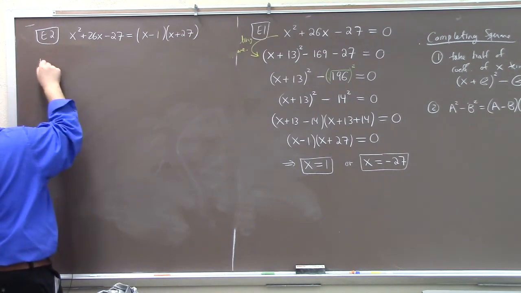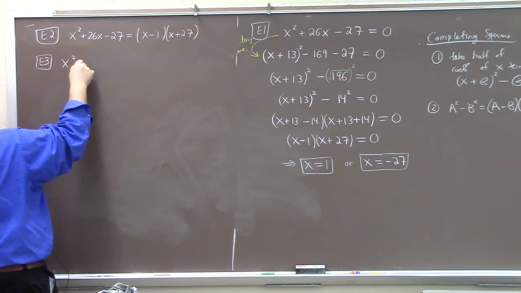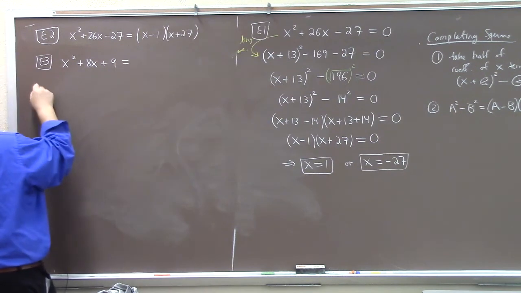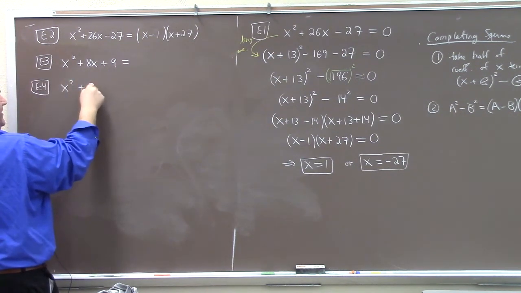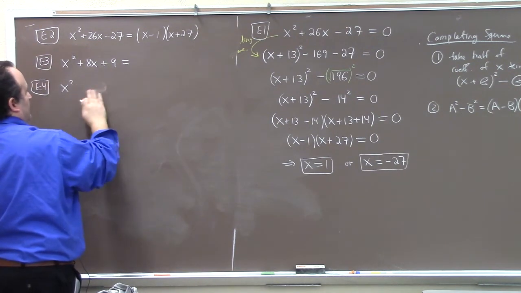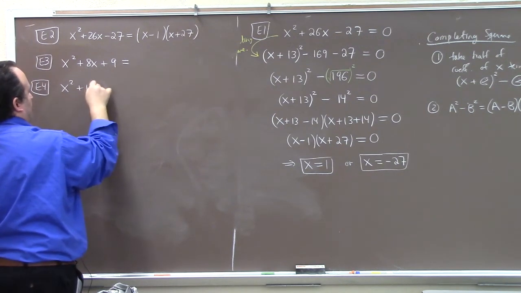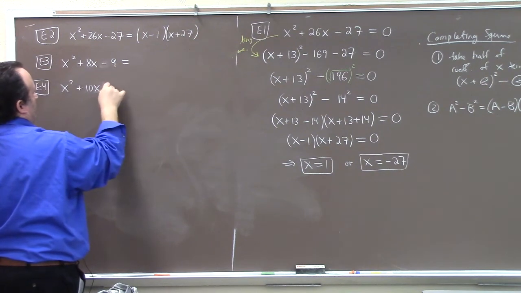Point of order, anytime you see that kind of pattern, like 8x plus 9, or if I've got x squared plus 10x, I should have done minus 9, plus 9.